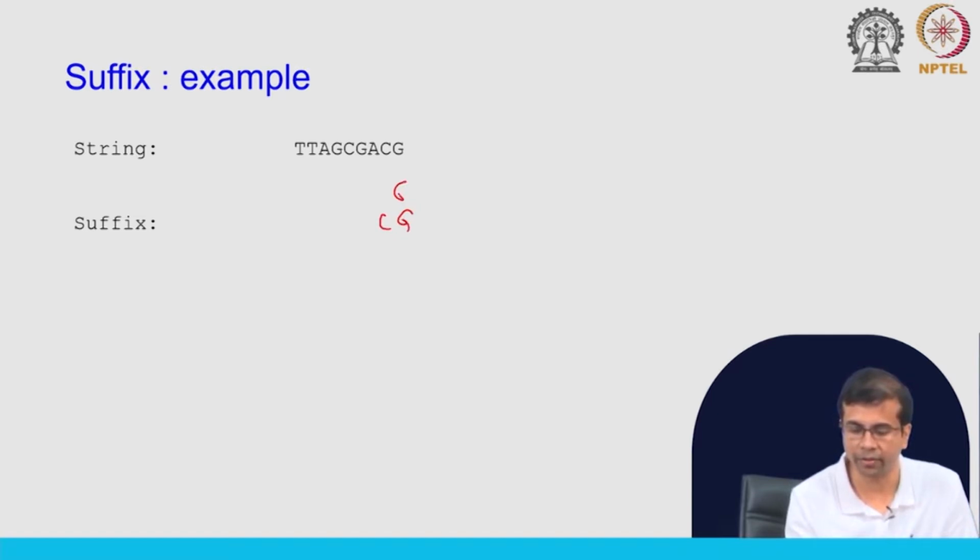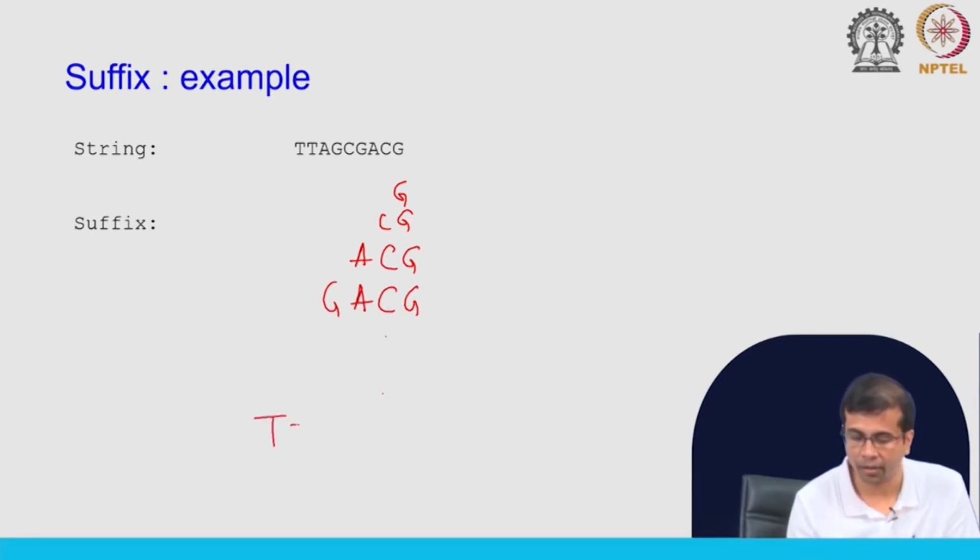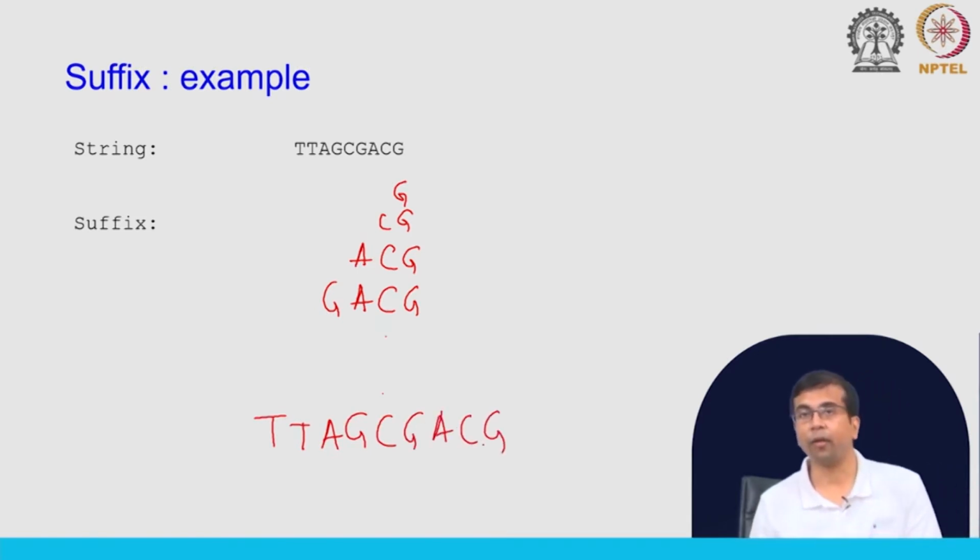So, we start with G, right, we have CG, SCG, right, GSCG and so on, right. So, you can write all of them, finally the TT, AG, CG, SCG, right. So, these are all the possible suffixes of the string. Okay. So, this concept will be useful when you actually go for suffix tree construction.